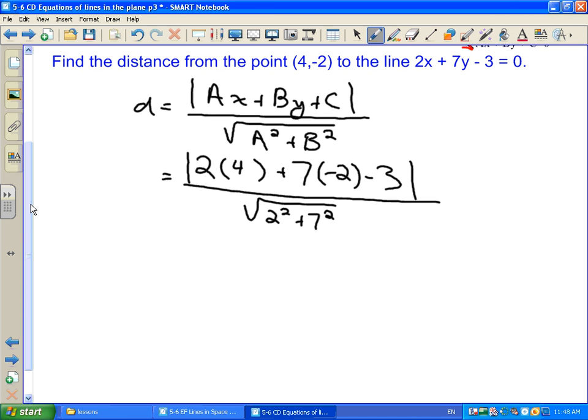Now I just need to evaluate. In the numerator, I'll have the magnitude of 8 minus 14 minus 3. In the denominator, I'm going to have the square root of 53.